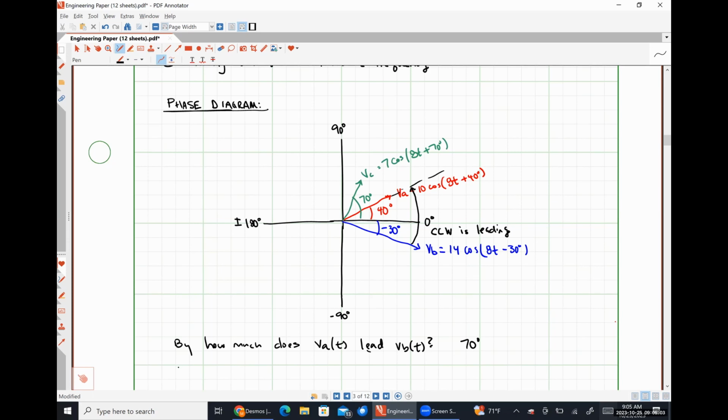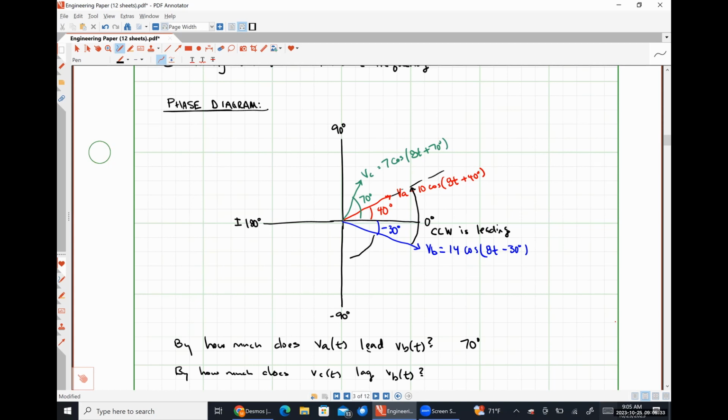If I wanted to know by how much does VC of t lag VB of t, I would need to measure in the clockwise direction, because I did counterclockwise a moment ago.